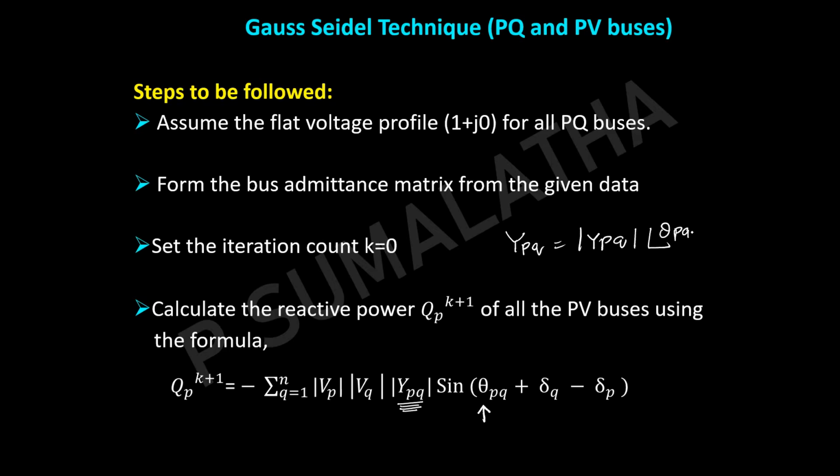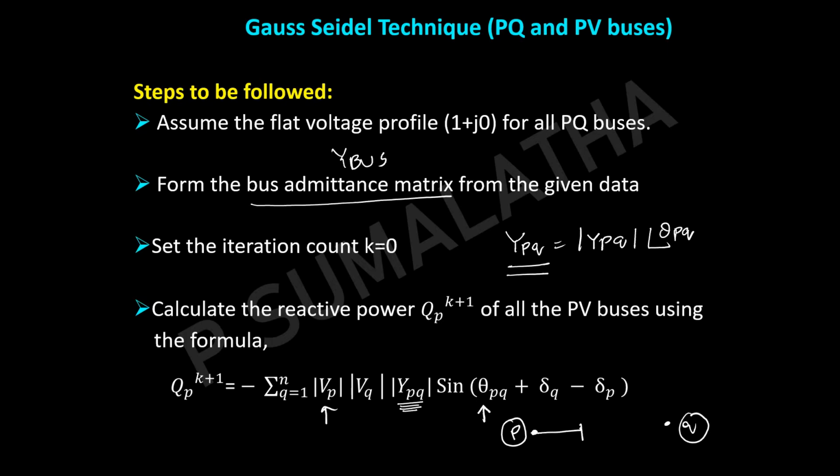From where these values will come is from this bus admittance matrix. You will form Y bus, right? The elements of the Y bus, one of the off diagonal elements is Y_pq. So if you take any two buses, one is the p bus and another one is the q bus.